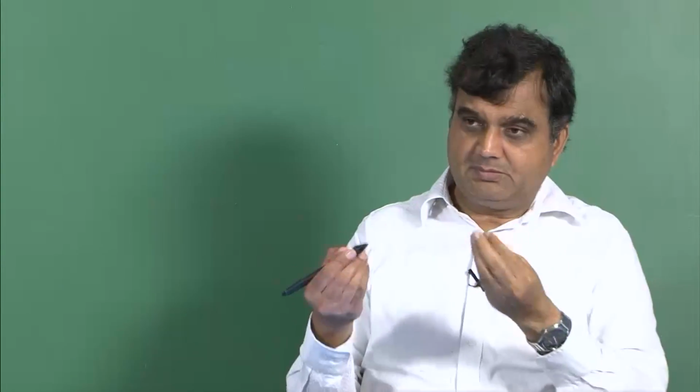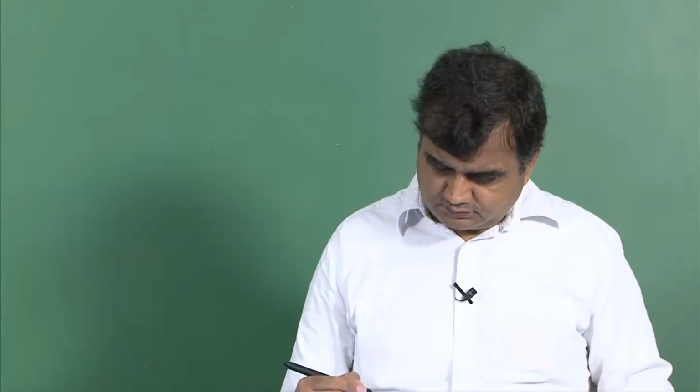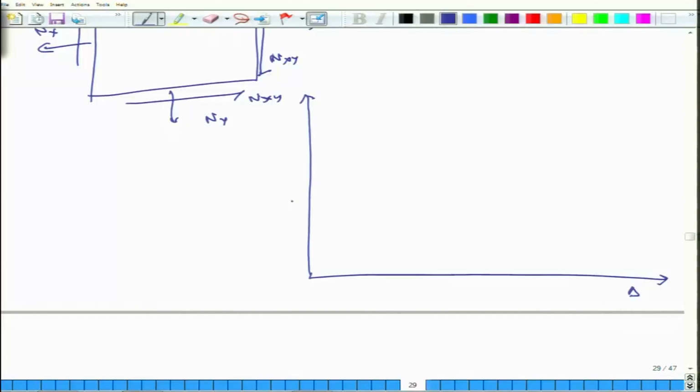On the y axis I have force, or you can also have moment, does not matter. Initially when there is 0 load, deflection will be 0, and as I increase the load, it will keep on increasing.